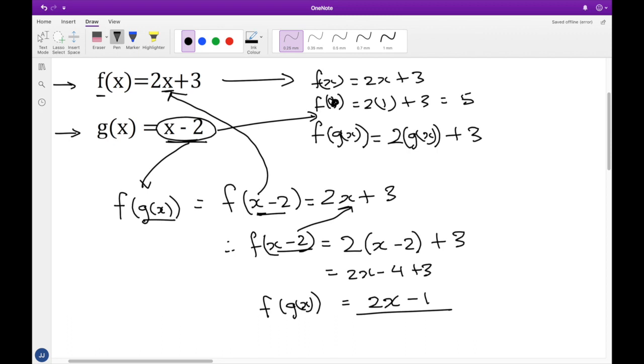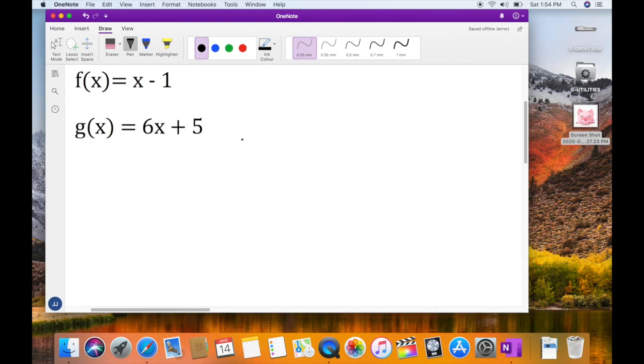So let's try a different example. Right, so let's check this example here. I have f of x is x minus 1, and I have g of x to be 6x plus 5, right?